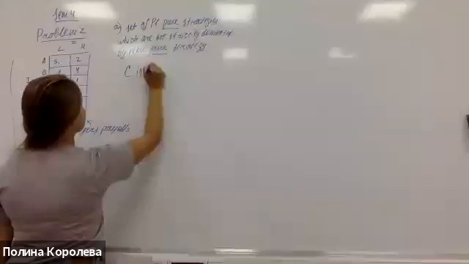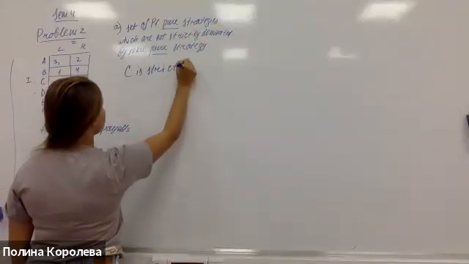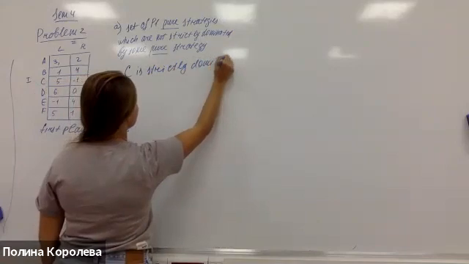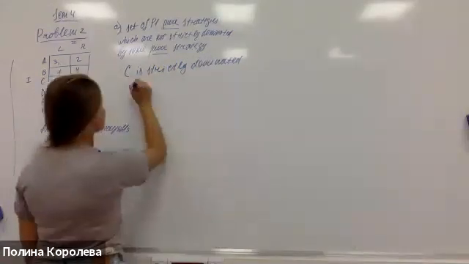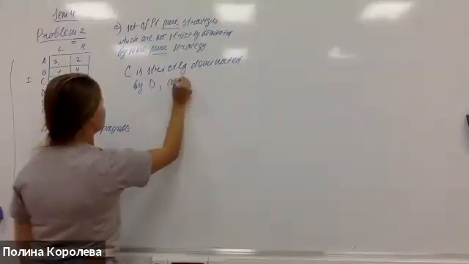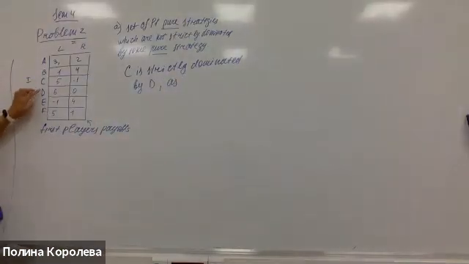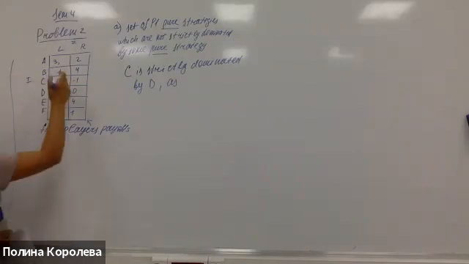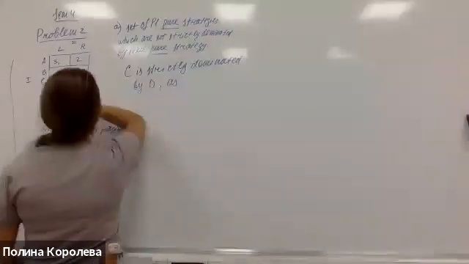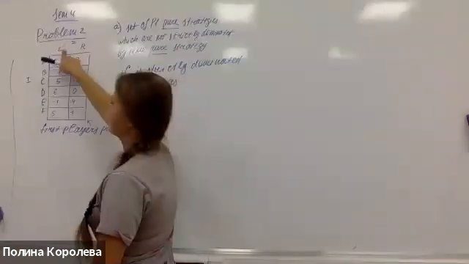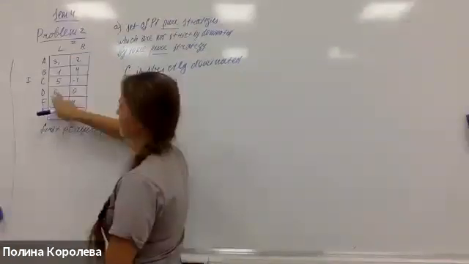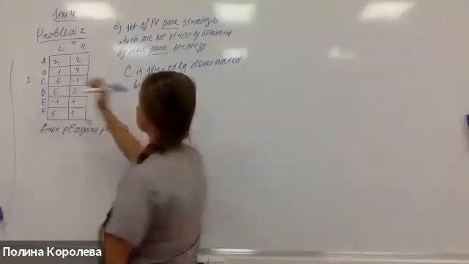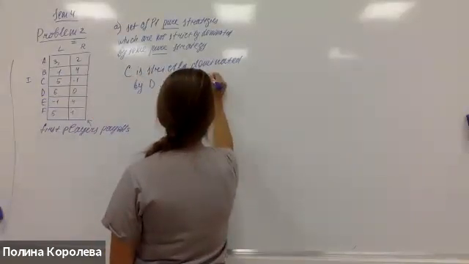Why? Let's check. Let's write down. C is strictly dominated by D, as the payoff in each situation is bigger in D than in C. If the second player plays left, in D we will have 6 and in C we will have 5. 5 is less than 6.